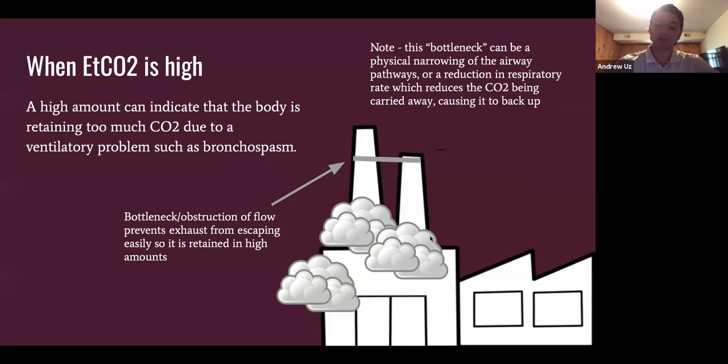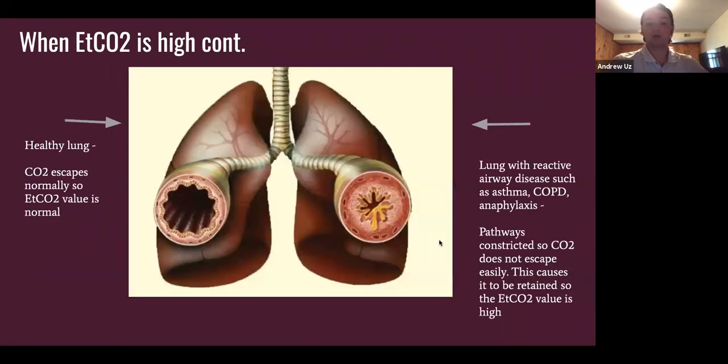So when end tidal CO2 is high, think about CO2 being built up because it can't escape or it can't be carried away. So in this picture, you see a healthy lung over here on the left side, and you can see this airway passage is nice and open. And then on the right side, you have a lung that's inflamed due to asthma, COPD, anaphylaxis, any kind of reactive airway disorder.